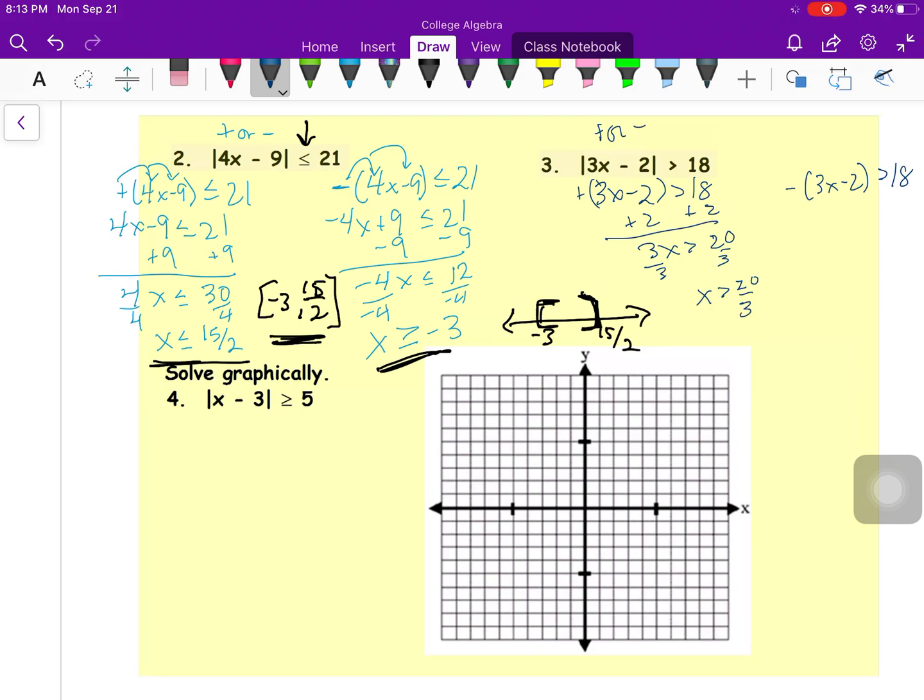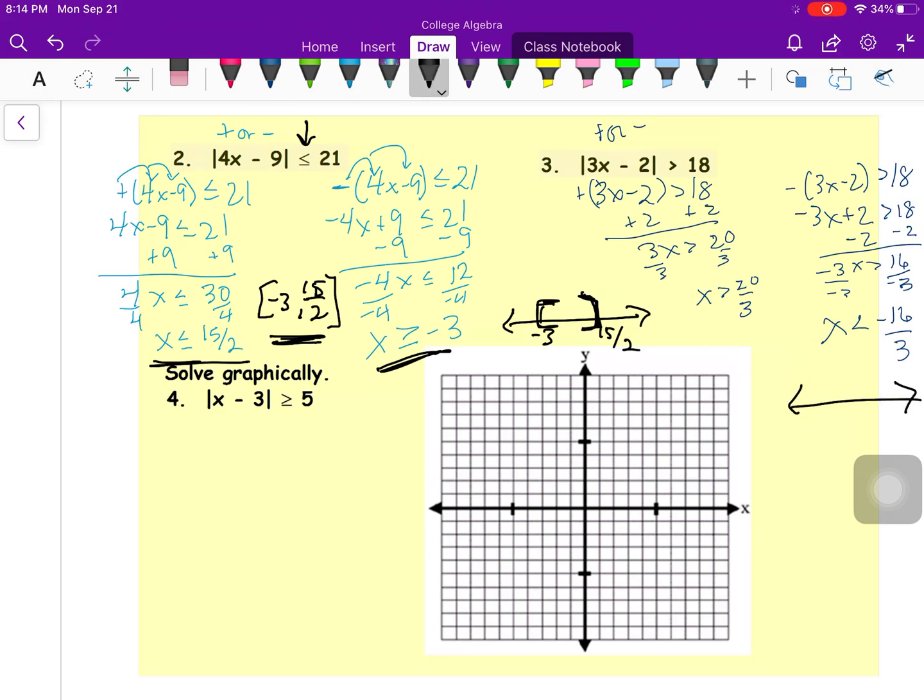X is greater than 20/3. Negative 3x plus 2 is greater than 18. Subtract 2. Negative 3x is greater than 16. Divide by negative 3. When I divide by a negative, my sign switches. X is less than negative 16/3.